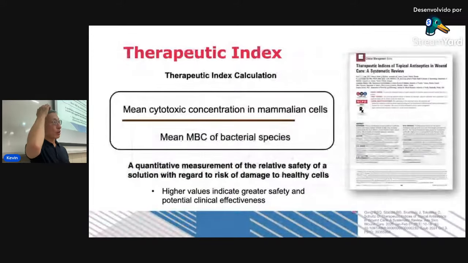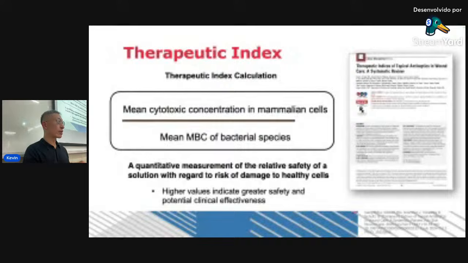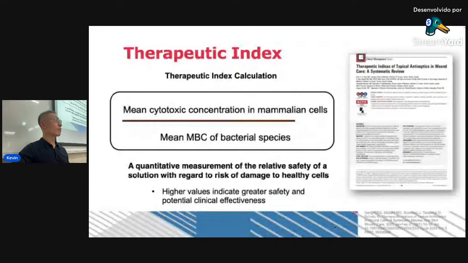In this paper, they calculated what we call the therapeutic index. Basically, it's the ratio between the mean cytotoxic concentration for cells over the mean ability for the agent to kill bacteria, to reduce the amount of bacteria in the wound environment.